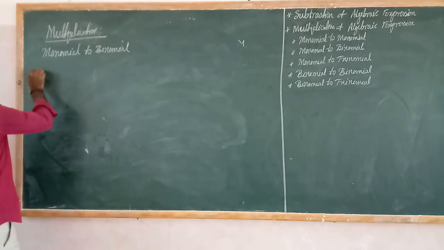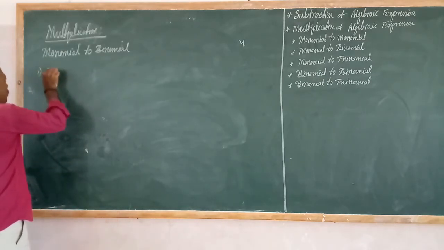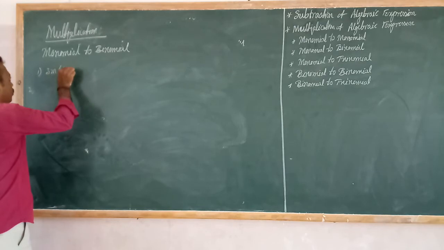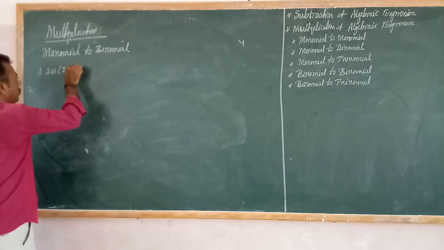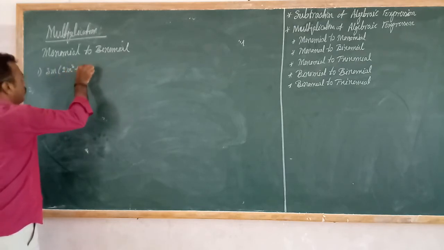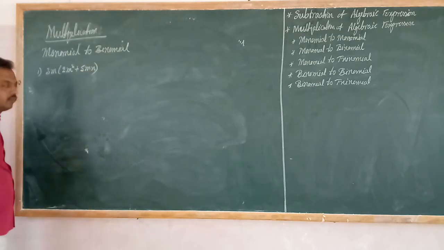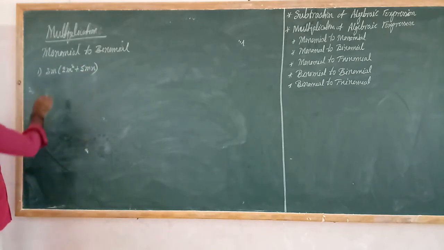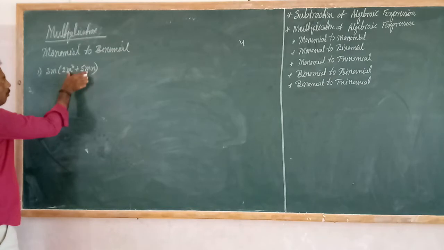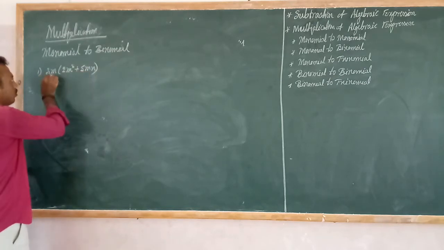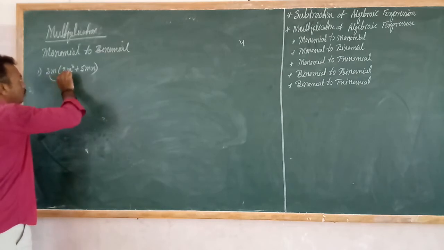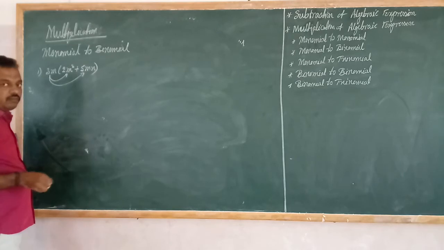Yes, friends, I will take one example: 3m into 2m square plus 5mn. Okay, see here this is the monomial and this is the binomial. So monomial to binomial we have to do multiplication. So 3m we have to multiply by 2m square, and 3m is also multiplied by 5mn.